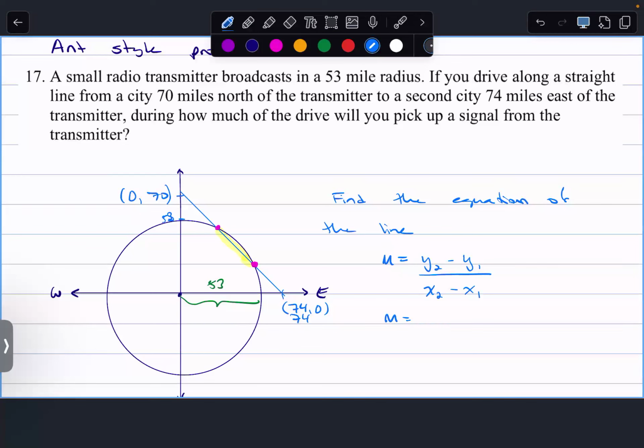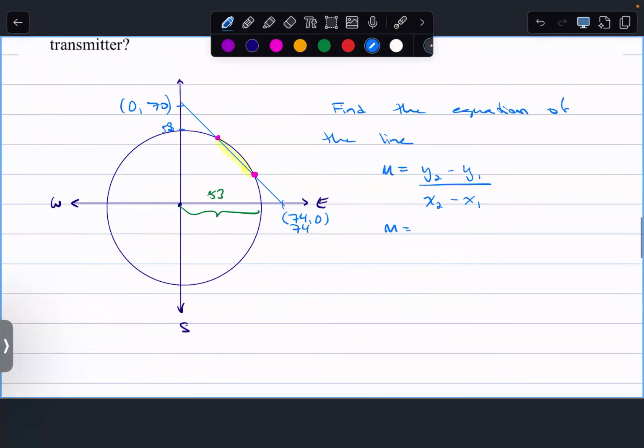It doesn't matter which one you treat as y1 and y2, but let's say this is my first point and this is my second point, since this is where I'm starting and this is where I'm ending. It doesn't matter as long as you're consistent about which point is point 1 and point 2. So y2 is 0 minus y1, which is 70, over x2, which was 74, minus x1, which was 0.